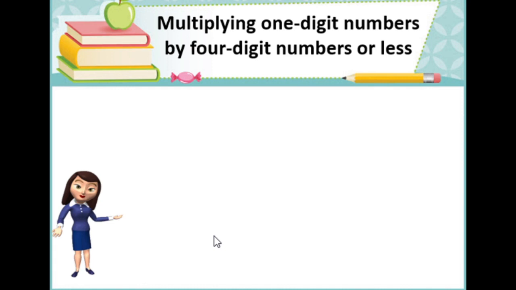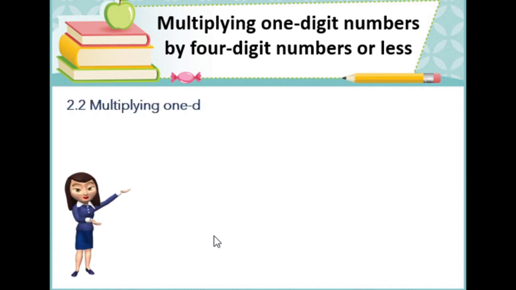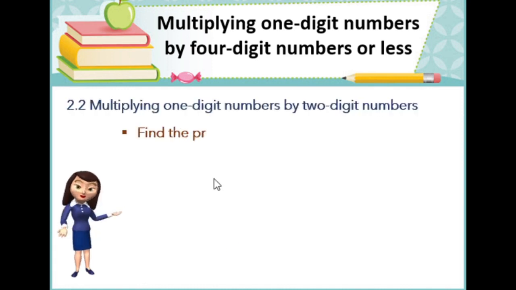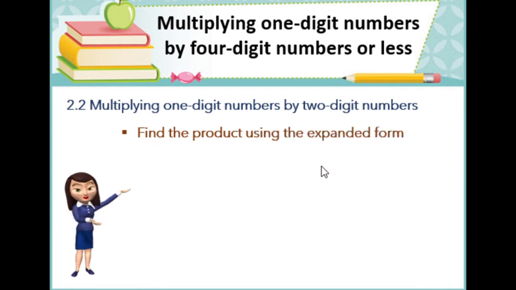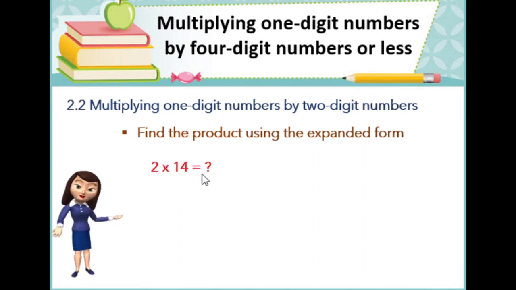Say for instance, we have this. Let's still use the same example. Let's find the product using the expanded form. What is again expanded form? Let's see. 2 times 14 equals unknown.